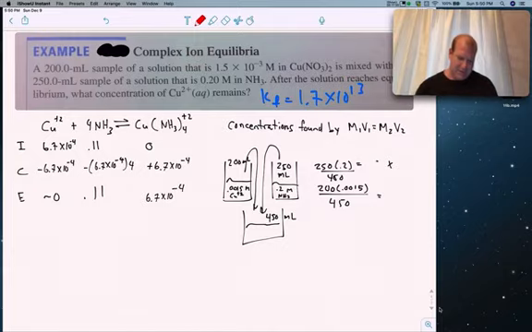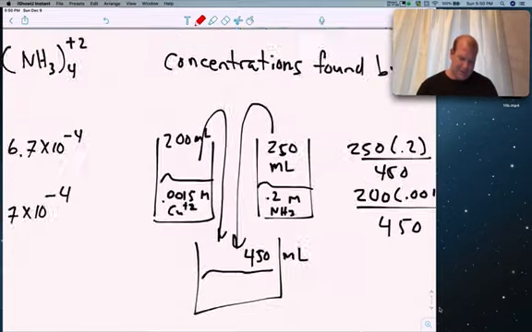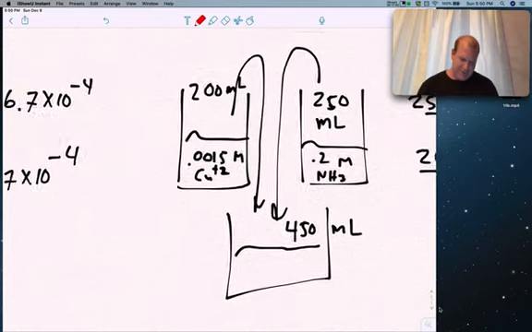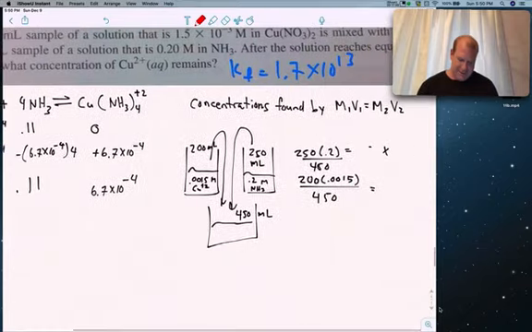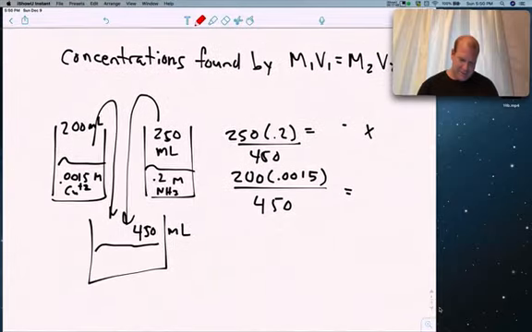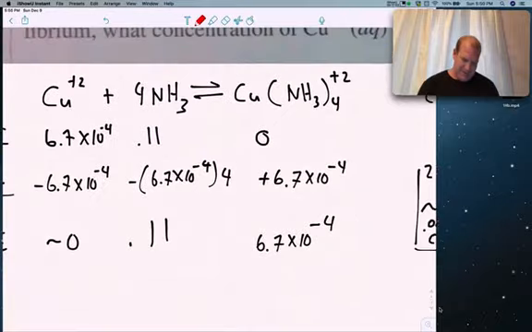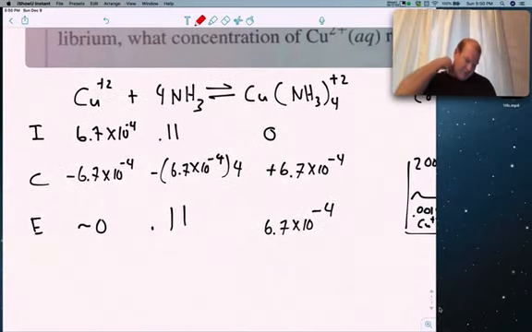So if you take a 200 milliliter beaker, which is 0.0015 molar in Cu2+, and a 250 milliliter beaker of 0.2 molar ammonia, you mix them together, and then you can find the concentrations by M1V1 equals M2V2. This is what you get. I'm not going to go through how to do that. I've set this up for you so it's nice and easy and ready to explain.